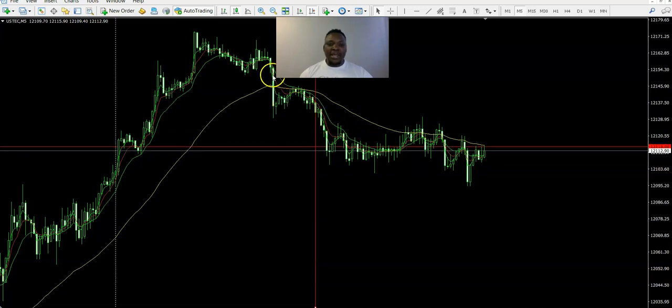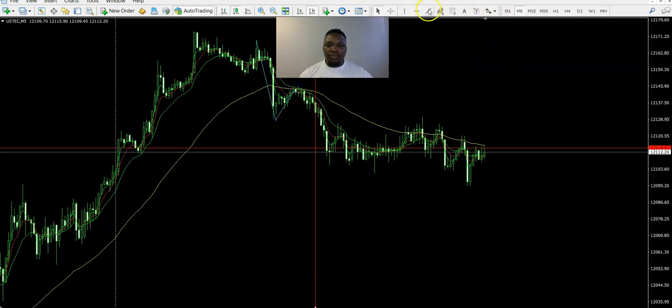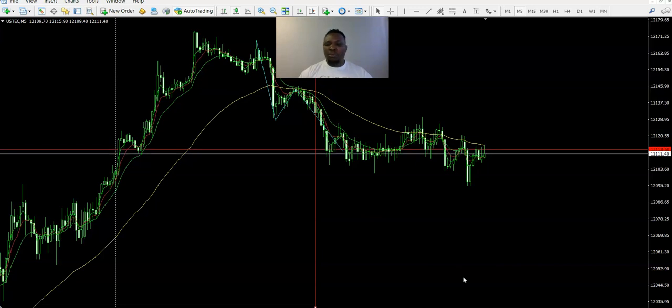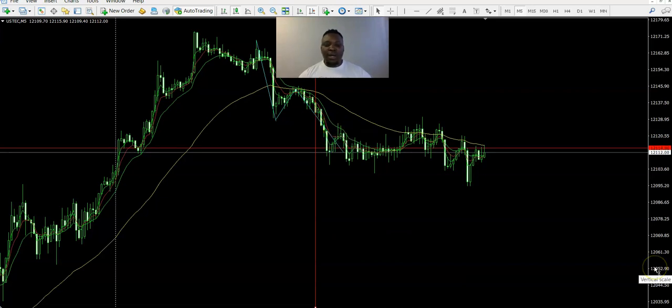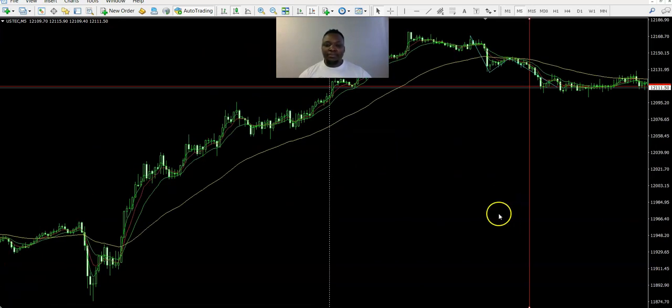Because the price came below all the bands, came back, retested the bands, and now if you're in front of your computer and you saw this, visually you have an idea, right? The price is trading below the bands or below the envelope. You can call it whatever you want, but these are a set of moving averages. So at this stage, that's why you should have focused on the US tech, or the NAS.